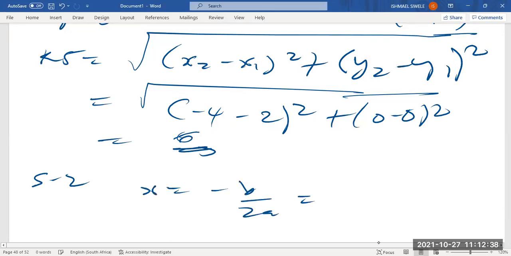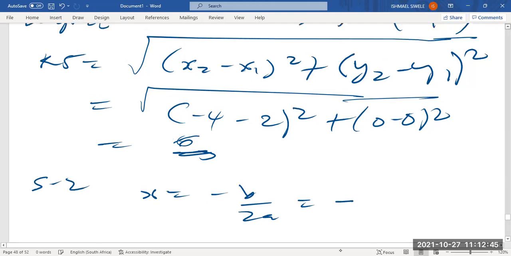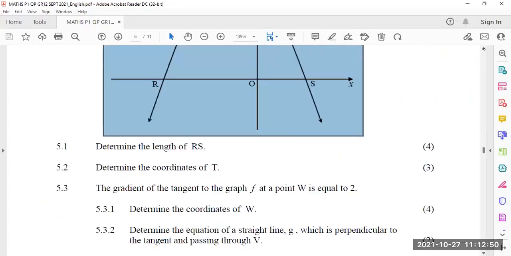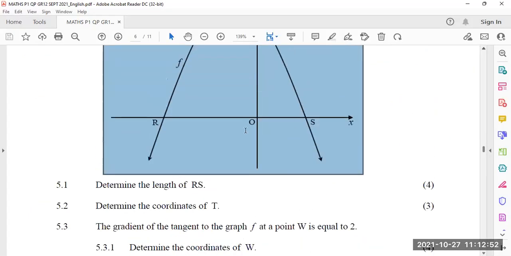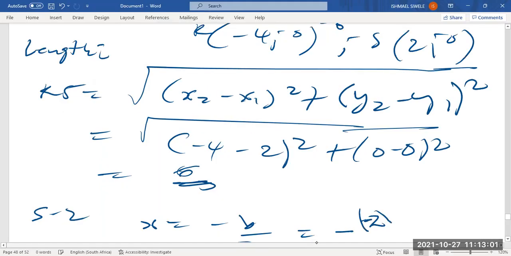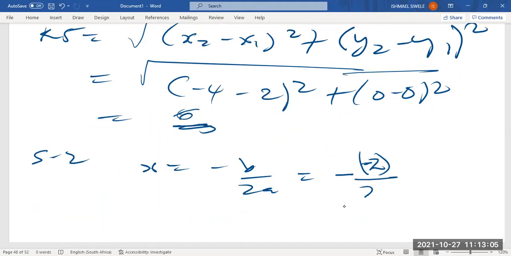What is b on the original graph? Let's see. Where is it that we are given? -x squared minus 2x. So b is -2. So I have -2 all over 2a. A is -1. So which means this is 1.